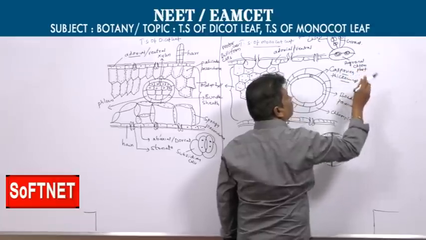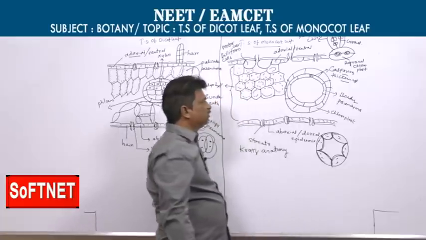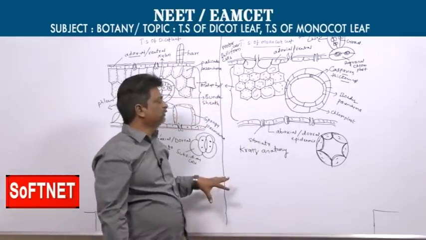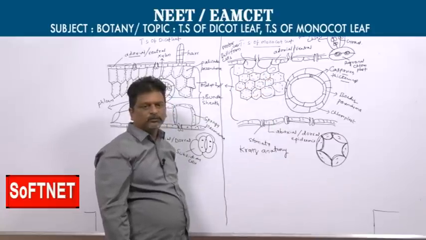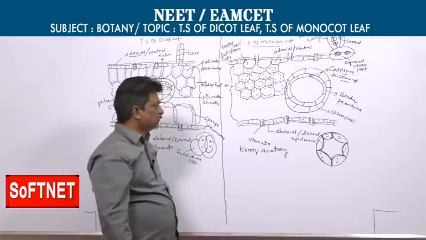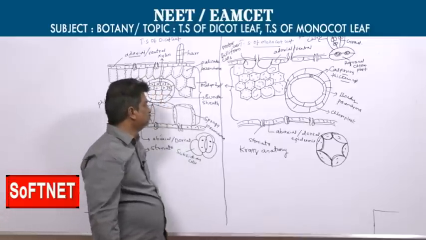Such a condition is called chloroplast dimorphism. Examples of chloroplast dimorphism: sugarcane, maize, and sorghum.